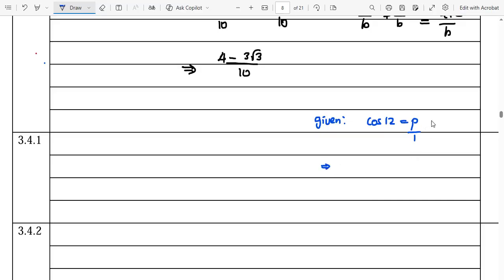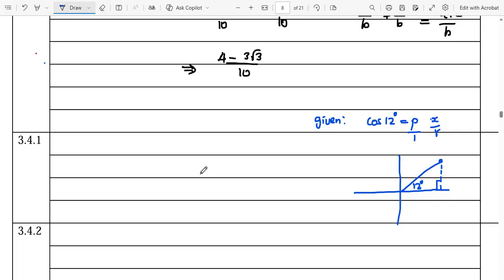I know that cos is adjacent over hypotenuse. So I have x, I have r, and then where is 12 degrees? That's in quadrant 1. So my diagram will be in quadrant 1 because the angle 12 degrees is in quadrant 1. This is my diagram, and this will be my angle, which is 12 degrees. This will be 90. Okay, so now what's next?